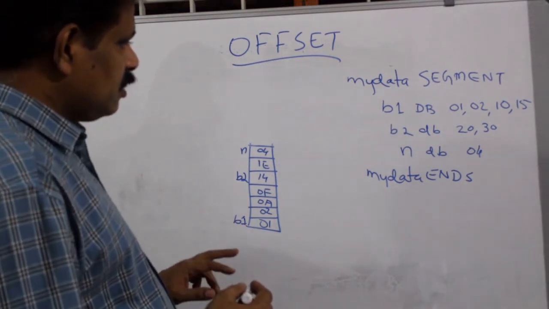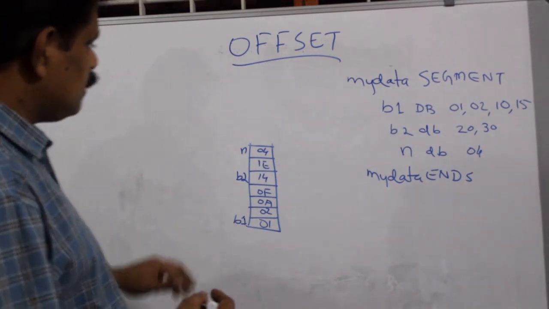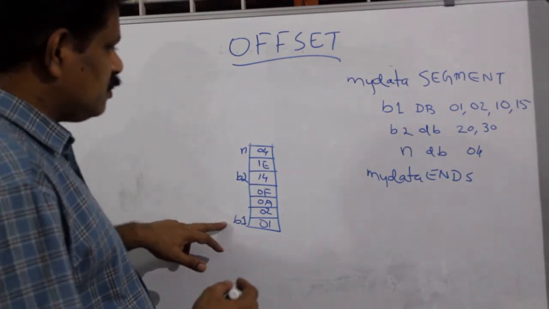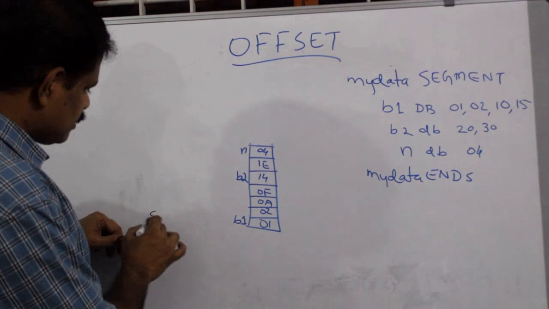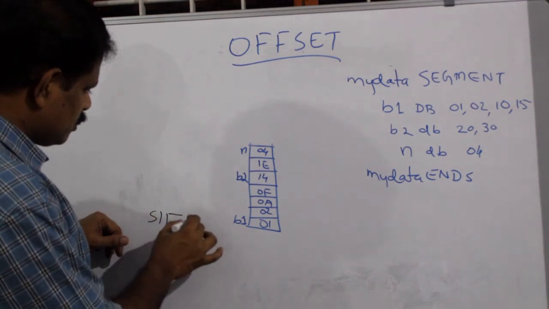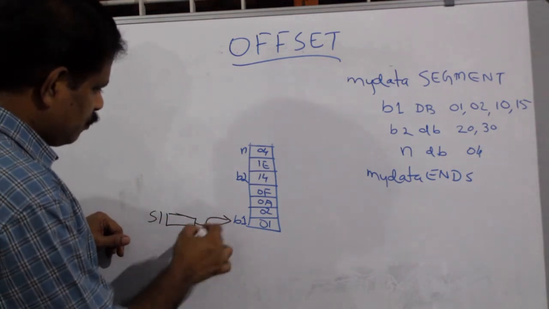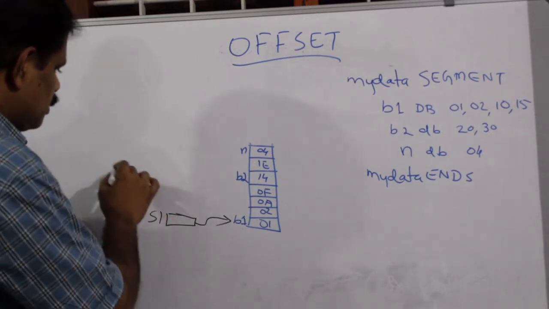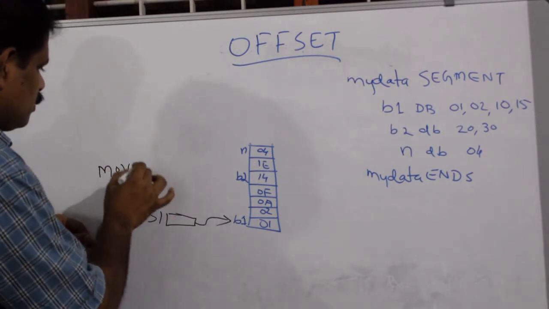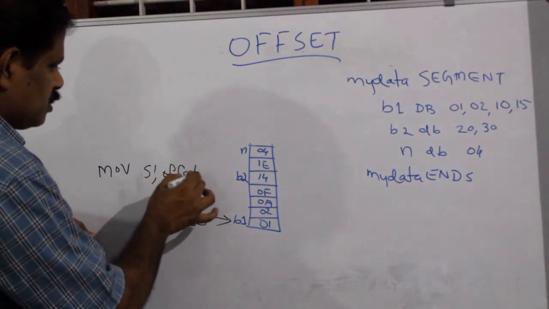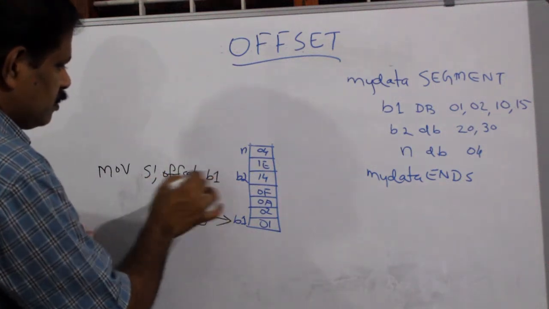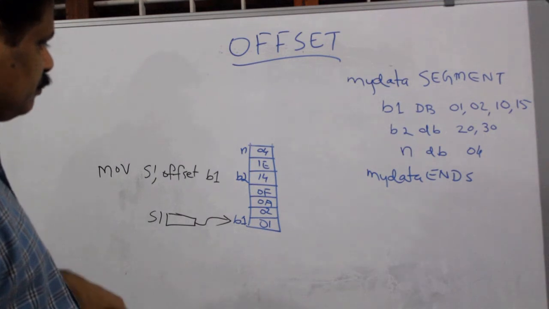Then we need the offset of B1. Suppose we want to point our SI register to B1. For this we will do MOV SI, offset of B1. What is the offset of B1?